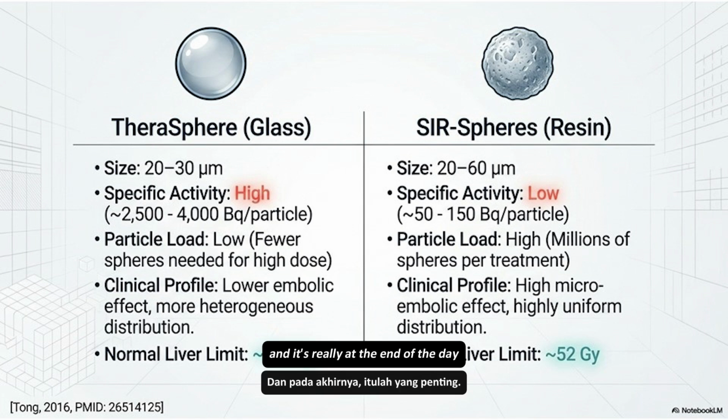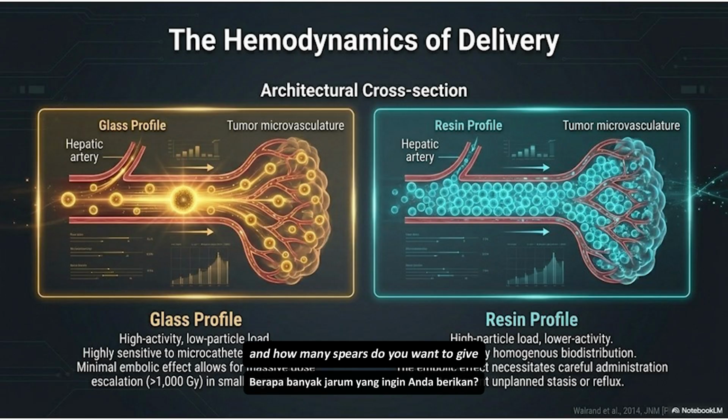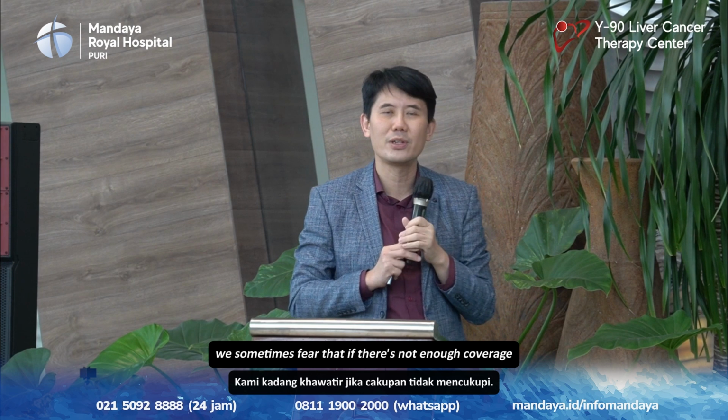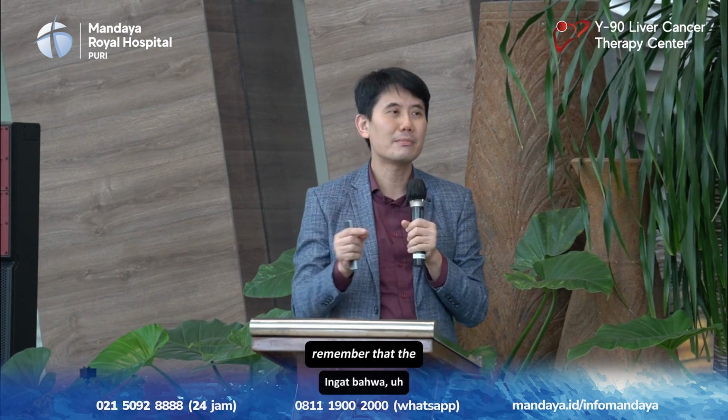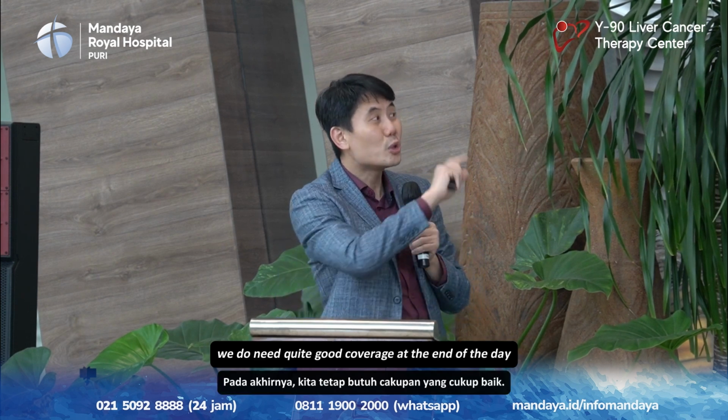It's really, at the end of the day, also a balance between how hot the spheres are that we want to give and how many spheres we want to give. This is an eternal battle because the hotter it is, the fewer spheres you need, but you don't get so much coverage. So we sometimes fear that if there's not enough coverage, the treatment will not be good. Remember that the penetration of the beta particles is only 3 millimeters, so we do need quite good coverage.